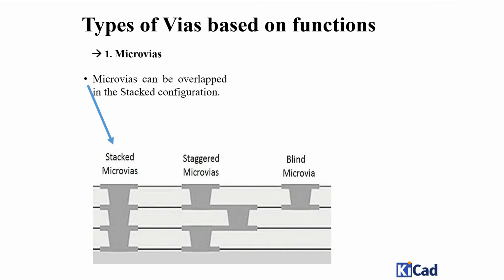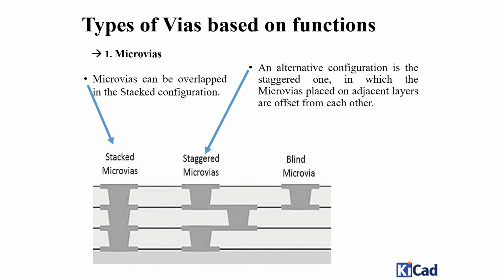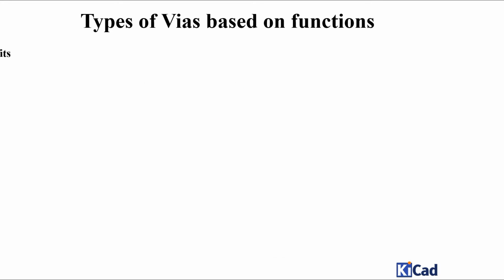Micro vias can be overlapped in a stacked configuration. Micro vias can have an alternative configuration, the staggered one, in which the micro vias placed on adjacent layers are offset from each other. The third one is the blind micro via. Blind micro vias extend from one side of the outer layer.